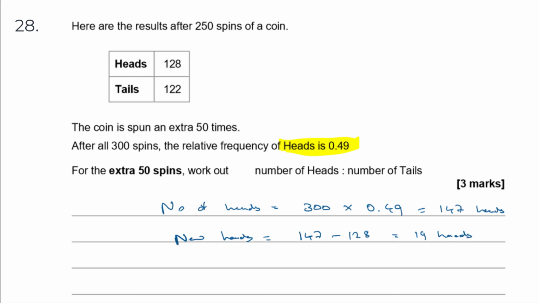So then the number of heads to tails in the final 50 is going to be, well, 19 heads, and then how many tails is that? So the rest of it would be tails. So it's going to be 50 minus 19, and that's going to be 31 tails. Okay, so I had a bit of a run of good luck on tails in the last 50 then. Okay, so 19 heads altogether and 31 tails in the final 50.